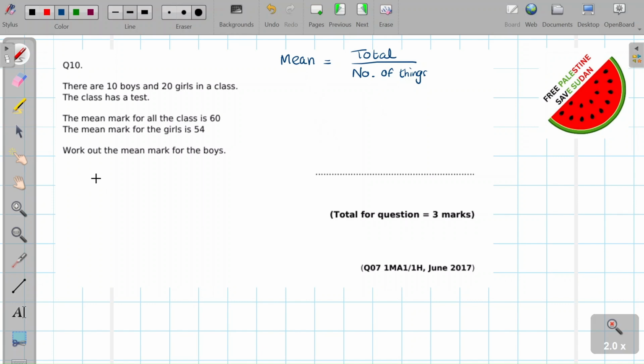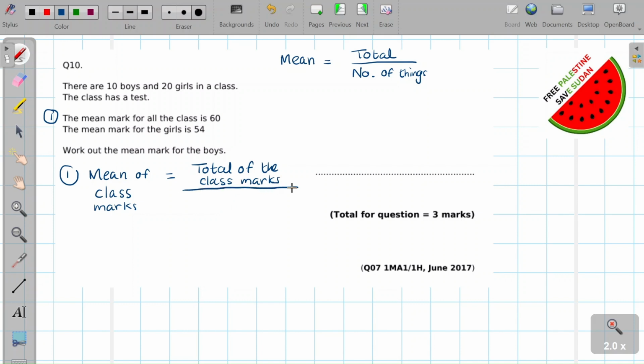So you can say in this first part, and I'm going to link this to this statement here, mean of the class will be the same as the total of the class marks, I should say, divided by number of students.